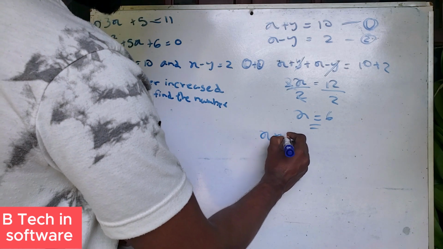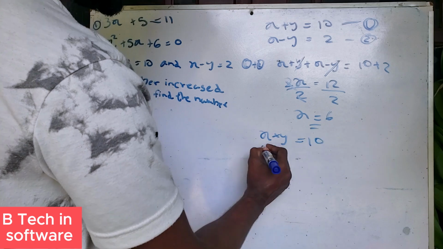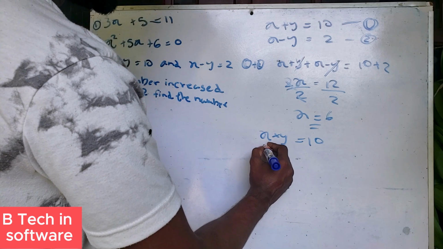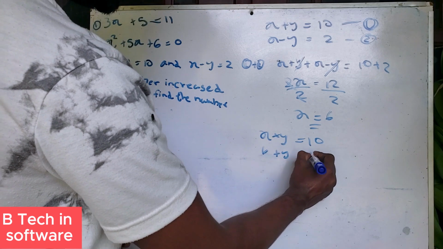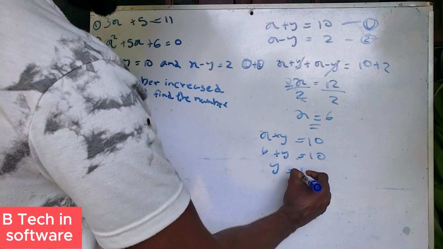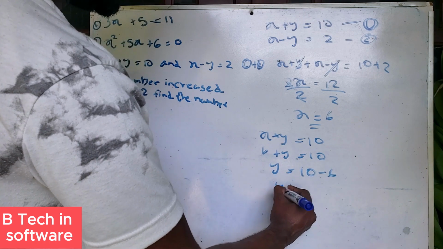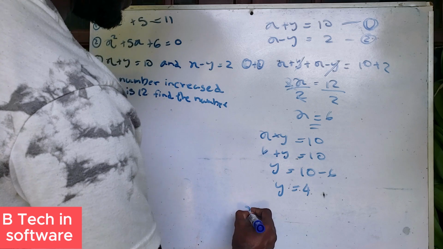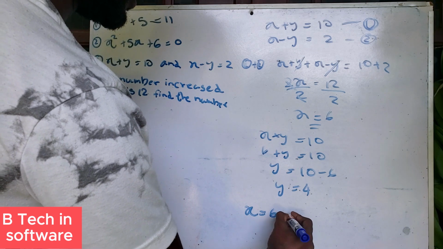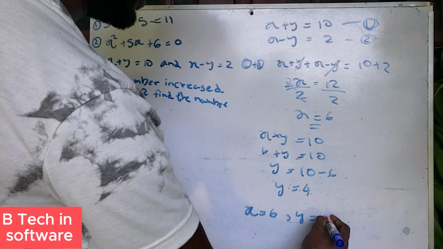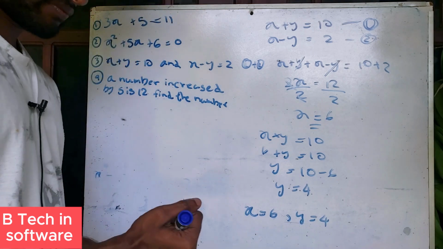x plus y is equal to 10. x is 6, so y is equal to 10 minus 6, y is 4, and then the result is x is equal to 6 and y is equal to 4.